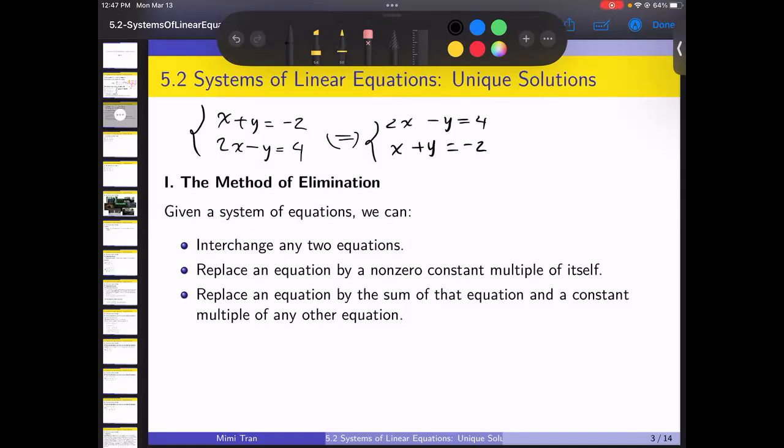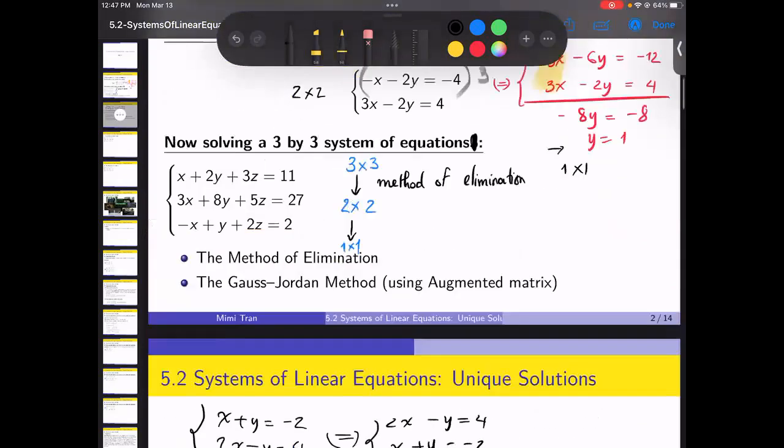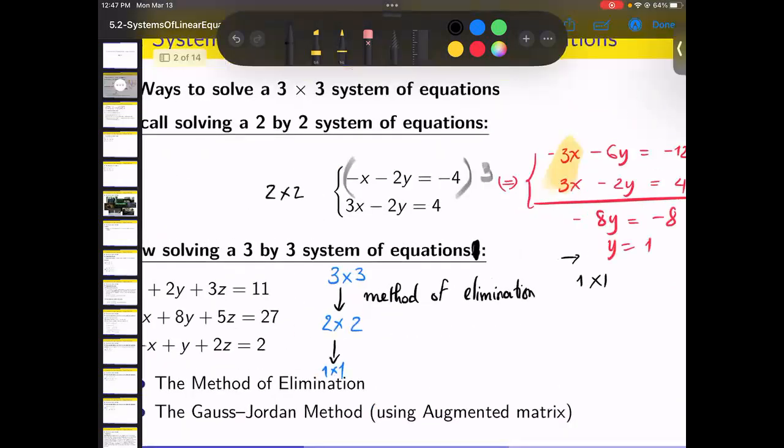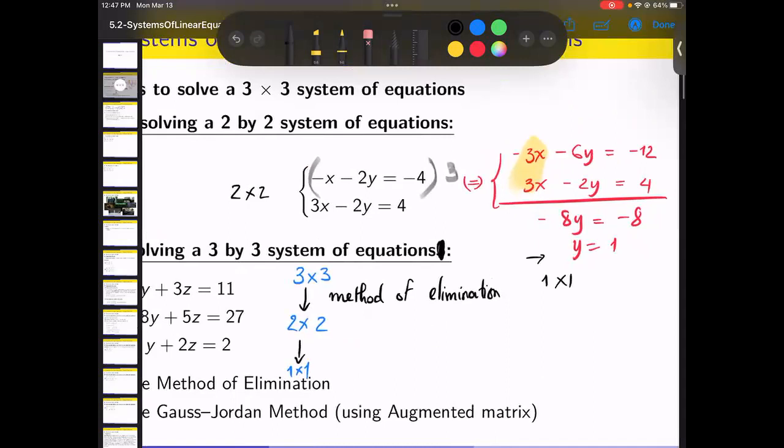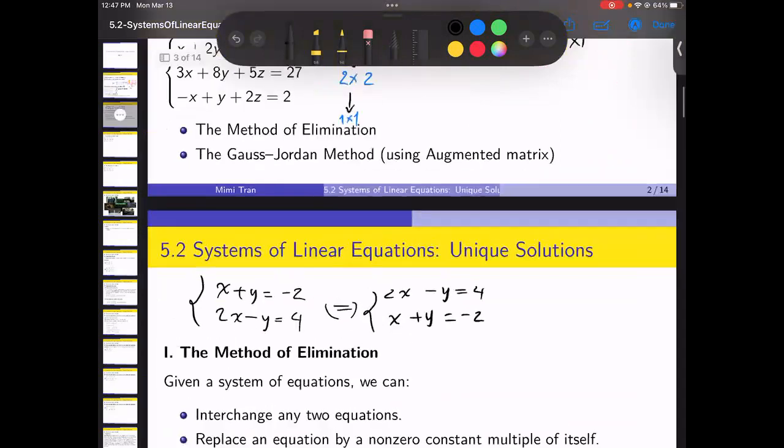What does that mean? You actually did that already. After I multiply the first equation by 3, what do I do? I add them, right? So that's the third bullet point implied. You can add, or in that case, they use the word sum, one equation with a multiple of another. So you can do all that.